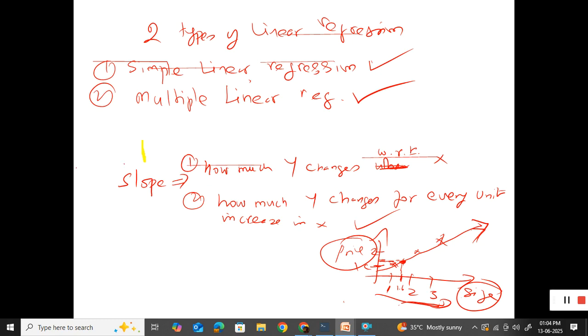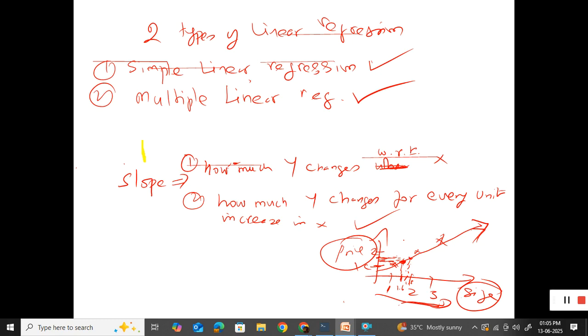So as a data scientist, you draw a line here and here, and wherever it intersects, that is going to be your price. Somewhere here, so 1 crore 85 lakhs, something like that.